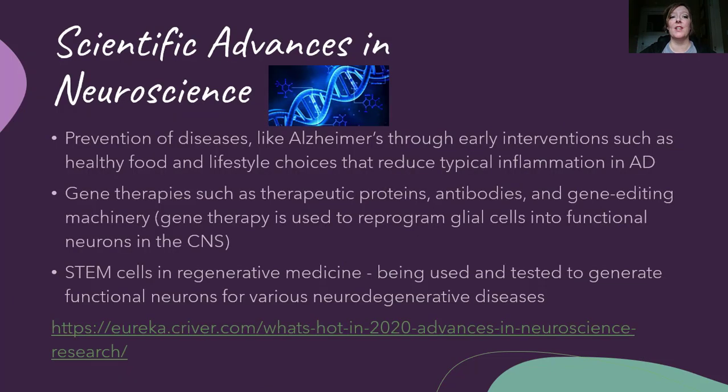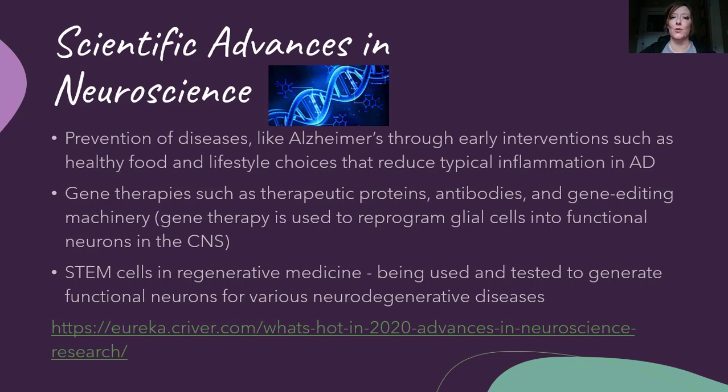So let's talk about some scientific advances in neuroscience. This is a topic that I could talk about forever, but some that were really interesting to me at the time of producing this video is that we can actually prevent diseases such as Alzheimer's through early interventions like using healthy food and lifestyle choices that reduce typical inflammation that is indicative of Alzheimer's disease.